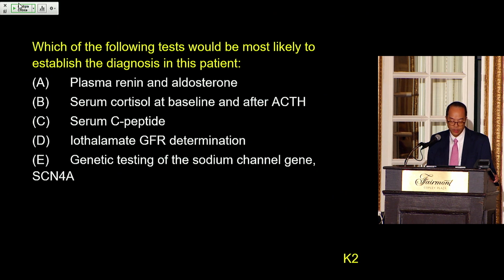The question is, which of the following tests would be most likely to establish the diagnosis in this patient? Is it the plasma renin and aldo, serum cortisol at baseline and after ACTH, serum C-peptide, iothalamate GFR determination, or genetic testing of the sodium channel gene SCN4A?